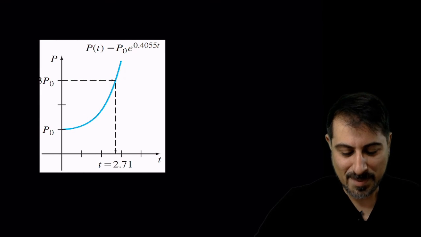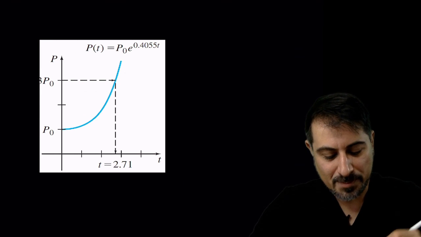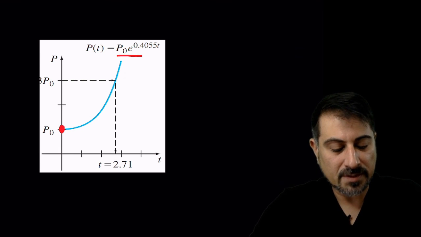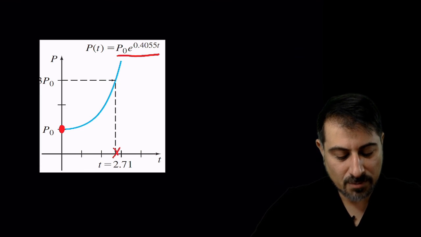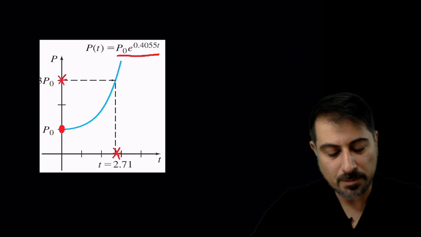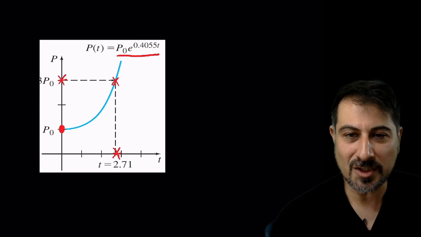To sum up, we had the initial population p sub 0, and the growth is represented by this exponential model. After 2.71 hours, the population triples, as seen in the picture.